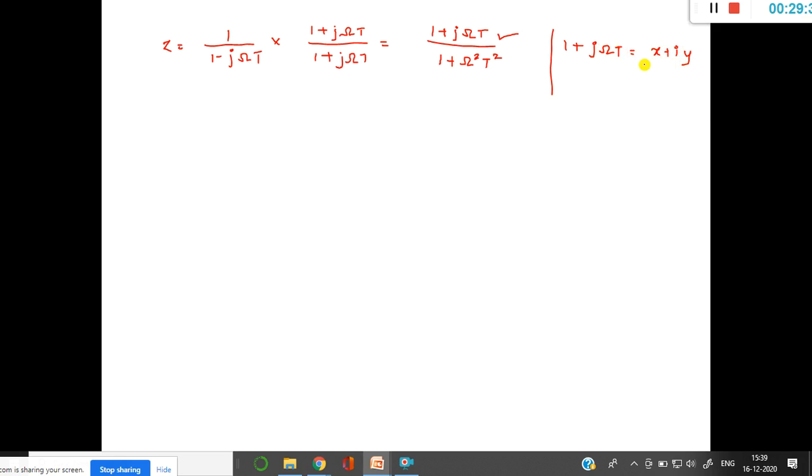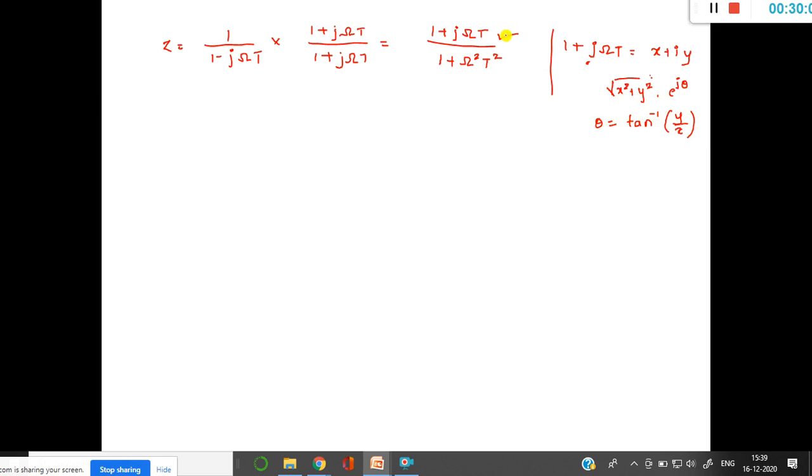Now I can write this as square root of x square plus y square into e to the power of j theta. This is how I can rewrite it if I want to obtain the magnitude, because I need only the magnitude of this. Where theta is nothing but tan inverse of y by x. From basic trigonometry, we know this.